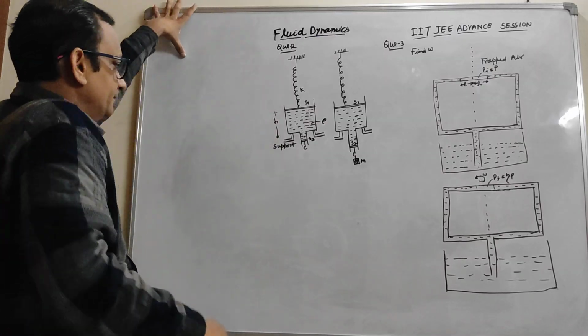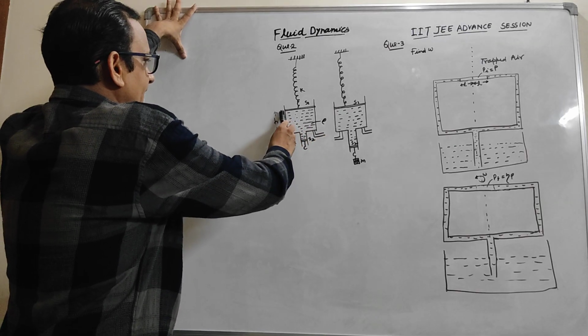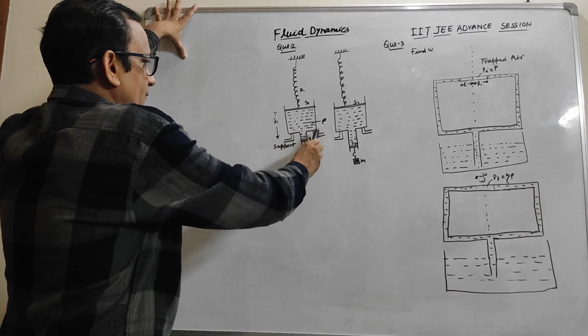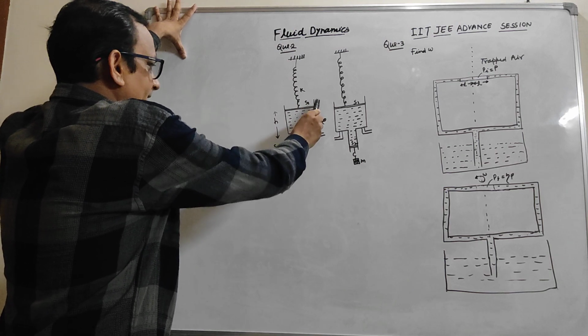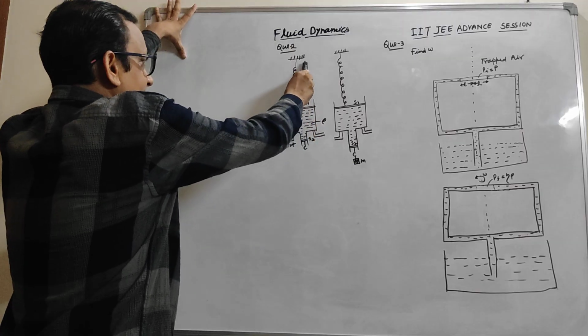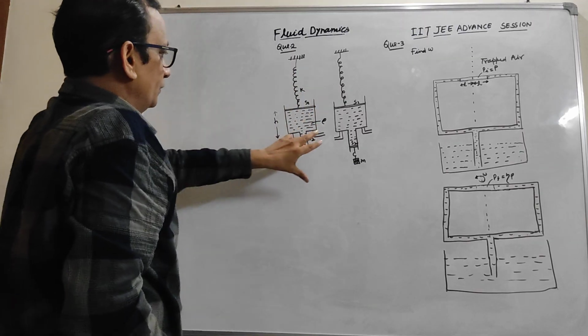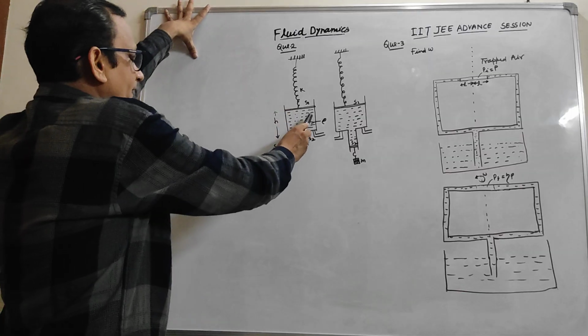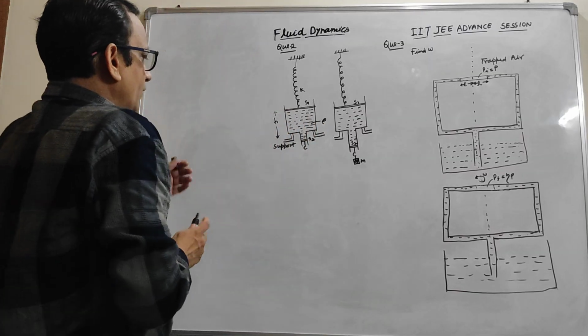This is a beaker, and here are two pistons S1 and S2. The area of this piston is S1 and of this piston is S2. S1 is attached with a spring having spring constant K, and the liquid filled has density rho.